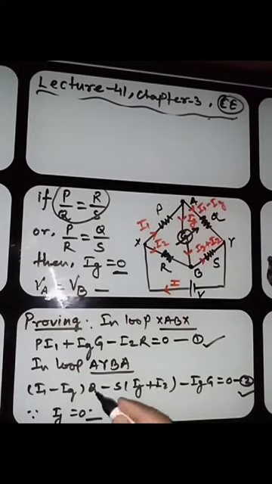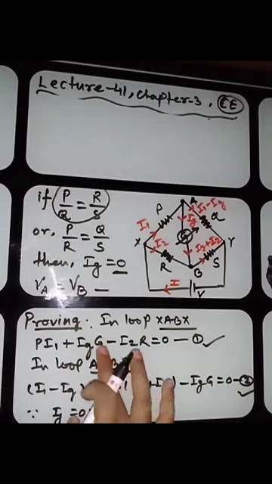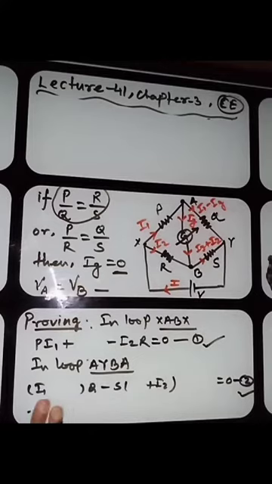Equation 1 becomes this if IG is 0. I hope you have noted it down. Directly I can prove it over here also. If it is 0, then this will go. If it is 0, then this will go. If it is 0, then this will go.